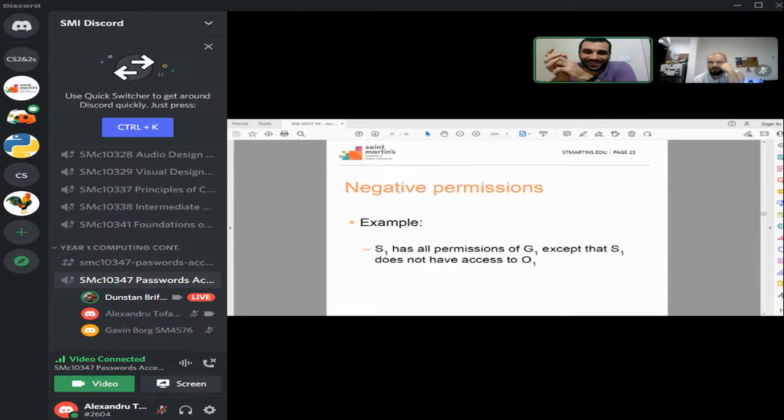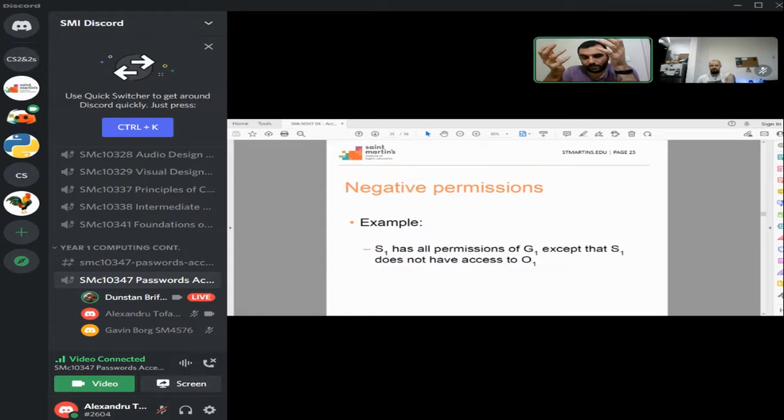They would have access to a range of databases, but for whatever reason, say we don't want one student to access a database of English books. I'm just inventing. So whilst all the students can access this, we don't want this particular student to access this particular database.